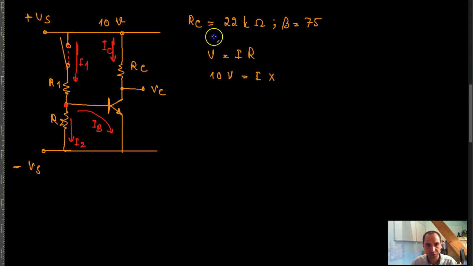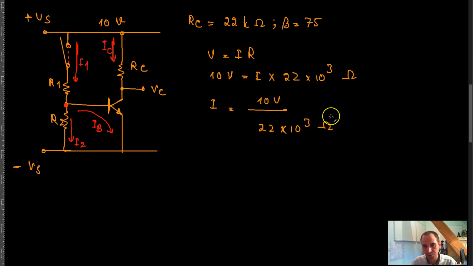The resistance of this is 22 into 10 raised to the power 3 ohm, which means that I is equal to 10 volts over 22 into 10 raised to the power 3 ohm, which is the same thing as 10 raised to the power 2 times 1 divided by 22, which is 0.045.